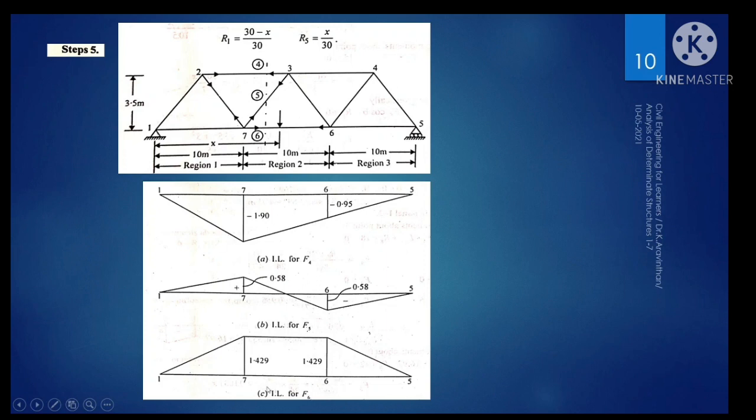And by this you can see the member 6 is always under tension wherever might be the load, and the member 4 was always at compression throughout the section, and member 5 at region 1, this was positive. When the load crosses the joint 6 to 5, the member tends to compress. So this is the pattern of the load. So a single member can have compression and tension of forces.